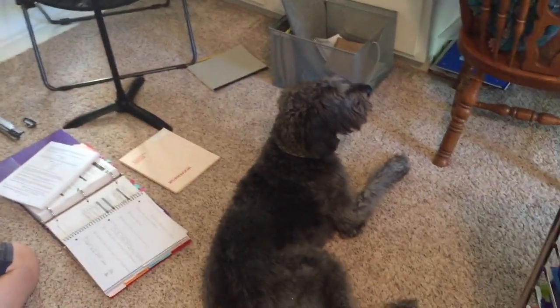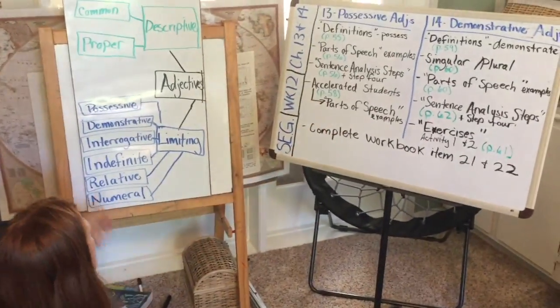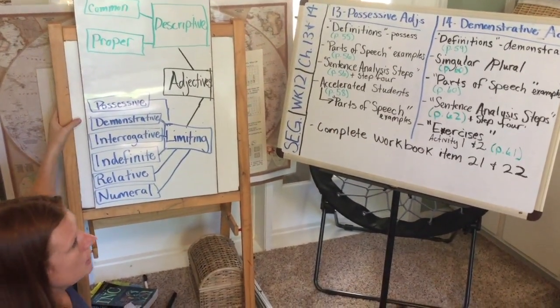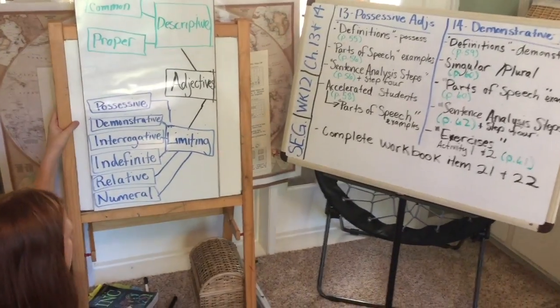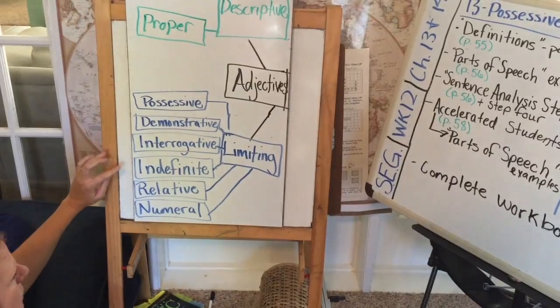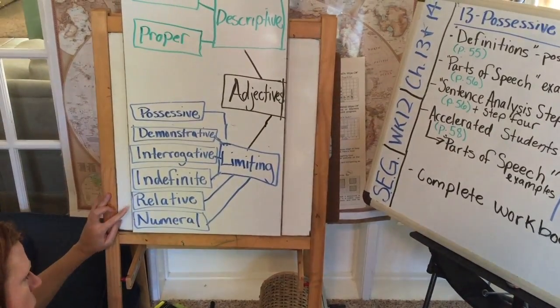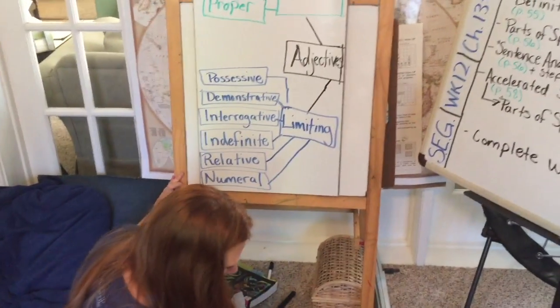Okay, so in the next video in week 14, we're going to be learning about another kind of limiting adjective called demonstrative. There are also interrogative adjectives, indefinite adjectives, relative adjectives, and numeral adjectives.